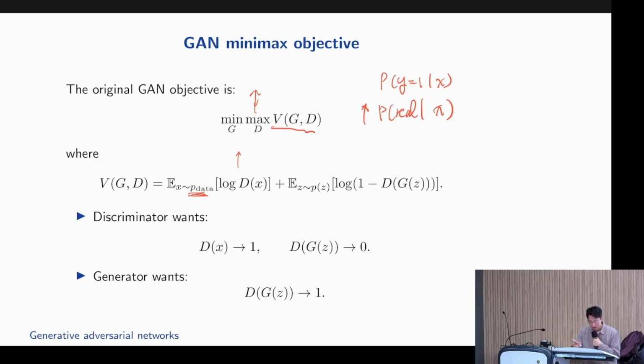On the other hand, if data is sampled from the fake distribution, generated by passing noise as input to the generator, the discriminator wants to maximize the log of 1 minus D of G of Z. So the discriminator wants to send D of G of Z to 0.